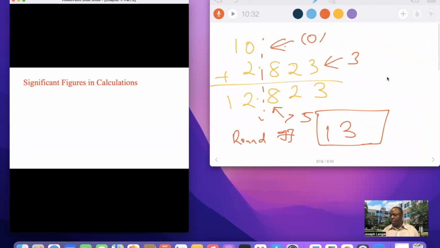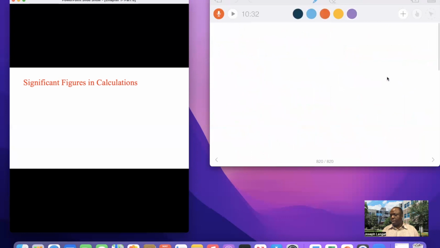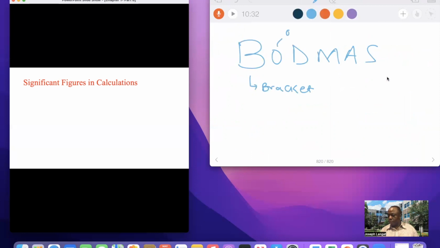If there is a mixture of operations, of course, you have to go with the order of operations, BODMAS. B stands for bracket. If you have something in parentheses, you'll do that first. And then there is O, which stands for of.